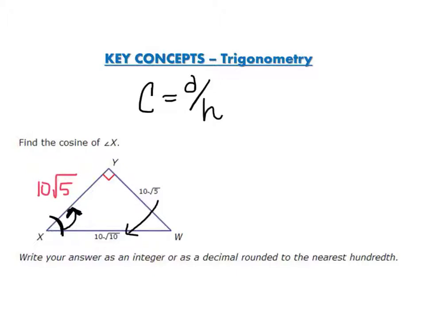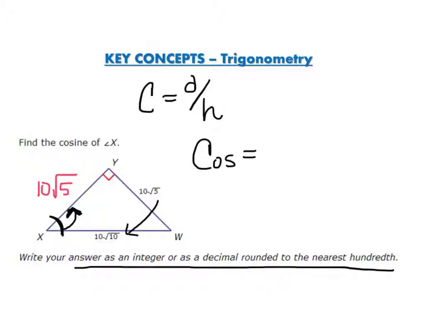And if you notice, at the bottom it says write your answer as a decimal rounded to the nearest hundredth. So you're not going to have a radical answer here. So my cosine of angle x is going to be my adjacent, which is 10 times the square root of 5, over my hypotenuse, which is 10 times the square root of 10.